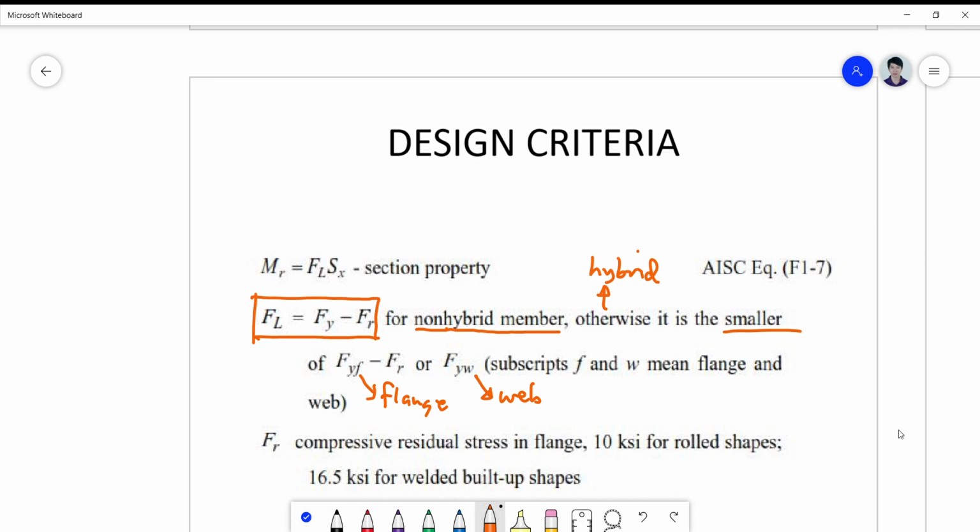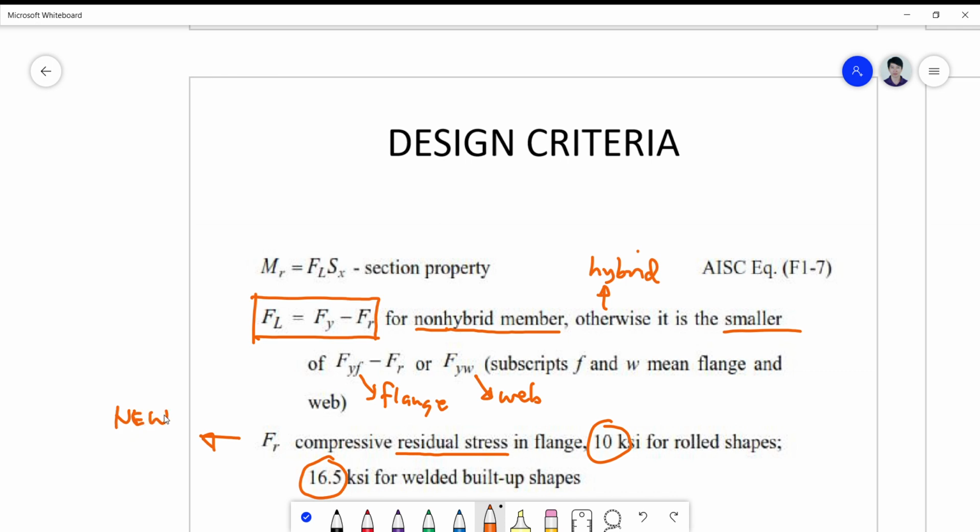Take note that Fr is simply the assumed residual stress in compression, which is 10 ksi for rolled shapes and 16.5 ksi for welded shapes.